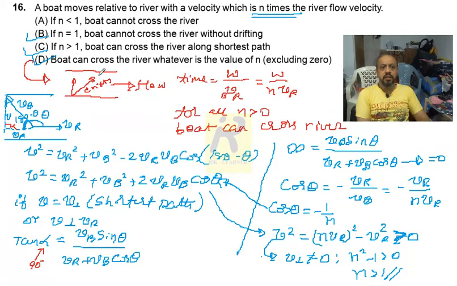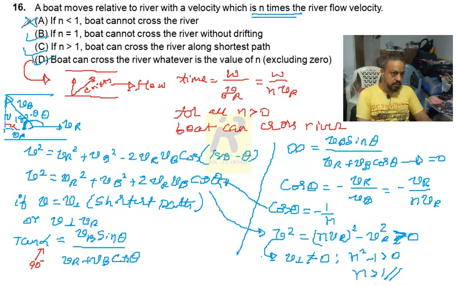And A says if n is less than 1, the boat cannot cross the river. Definitely this is not possible.